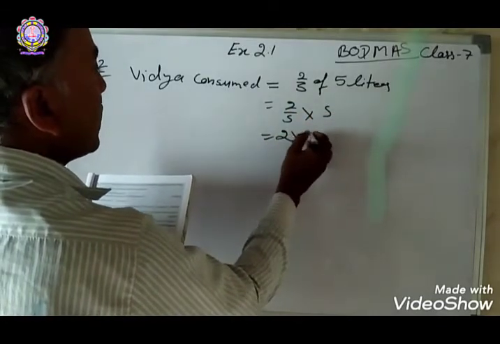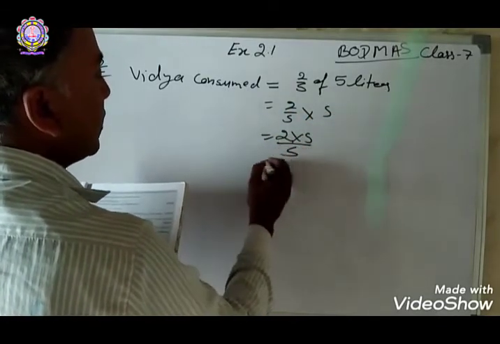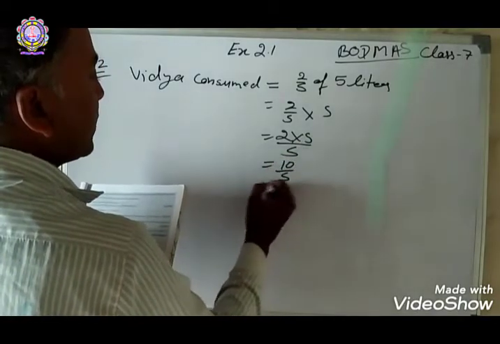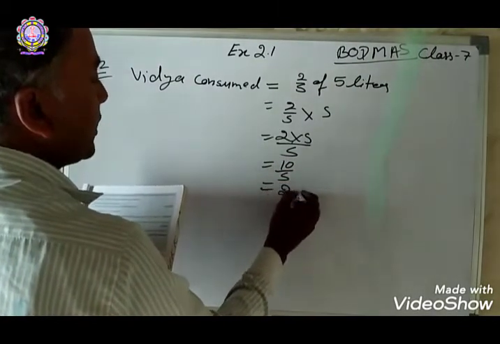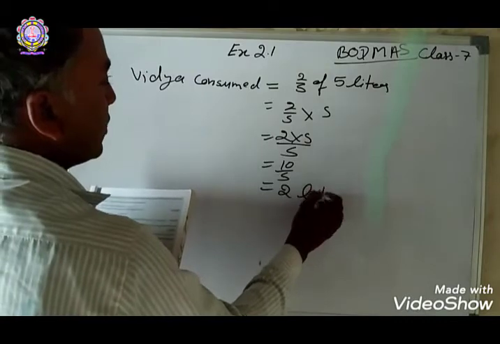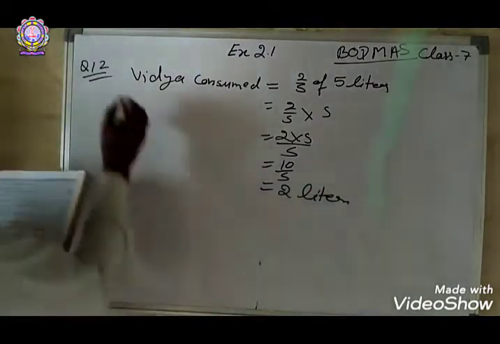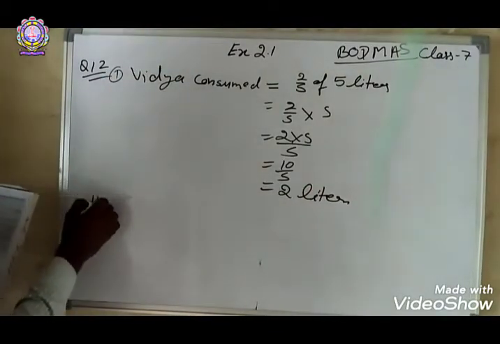So 2 into 5 upon 5, 10 upon 5, is equal to 2 liters. How much? It is 2 liters. That is the first part.